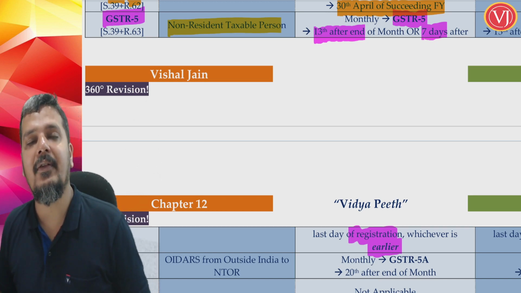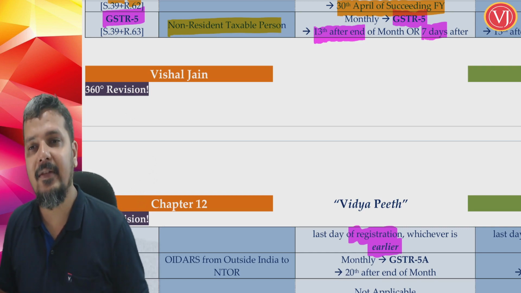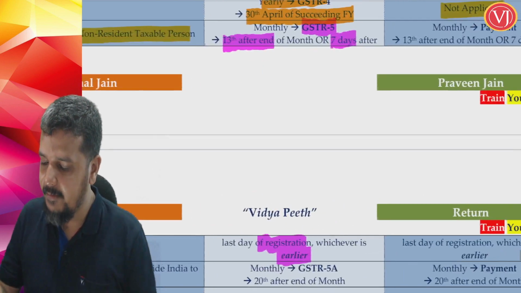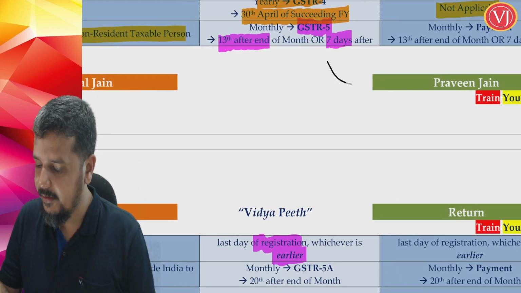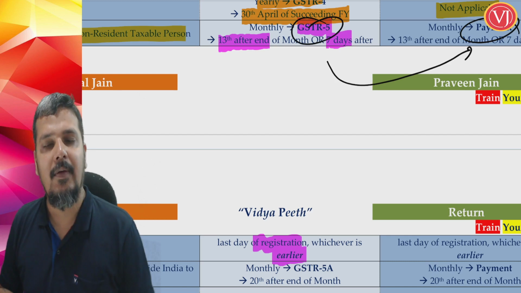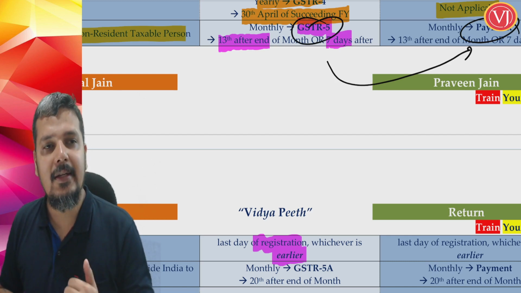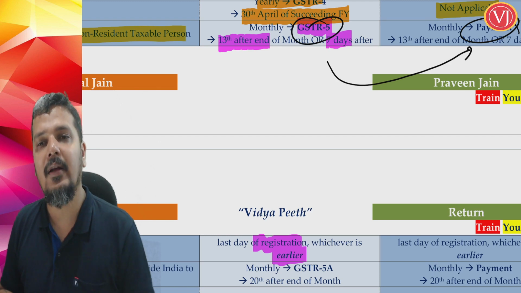The same is the due date of their payment. Whether it is payment or filing, the due date is the 13th after the end of the month, or 7 days from the last date of registration, whichever is earlier.